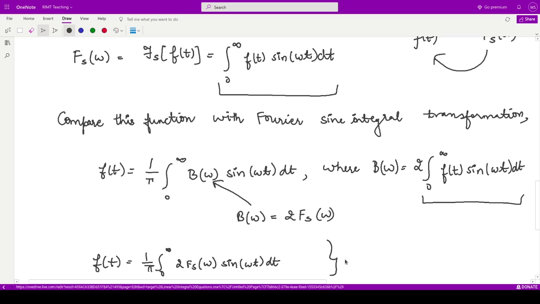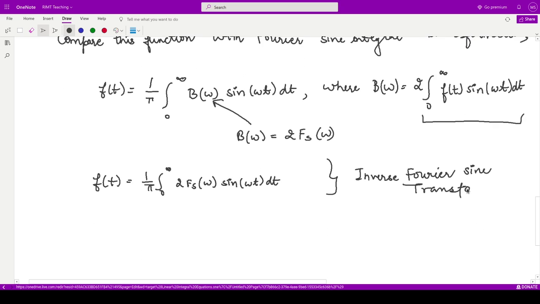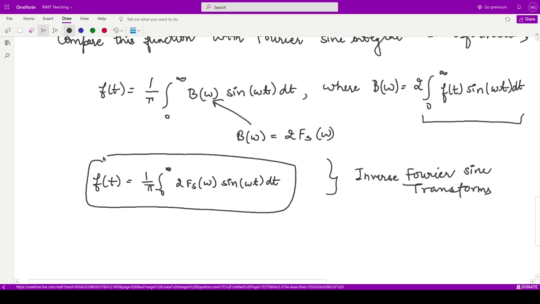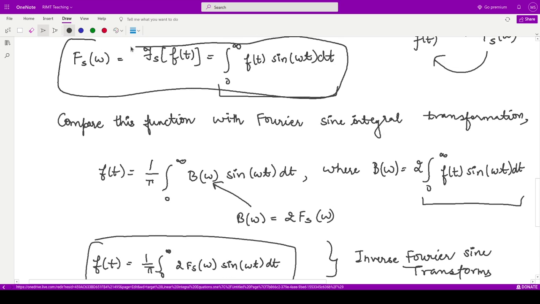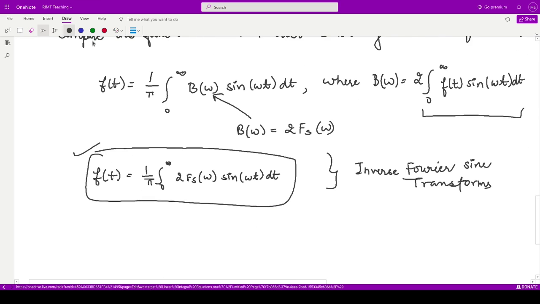So this is the formula for inverse Fourier sine transform. So we have these two formulas. One is for calculating the Fourier sine transform, and for the inverse Fourier sine transform we have this particular formula.